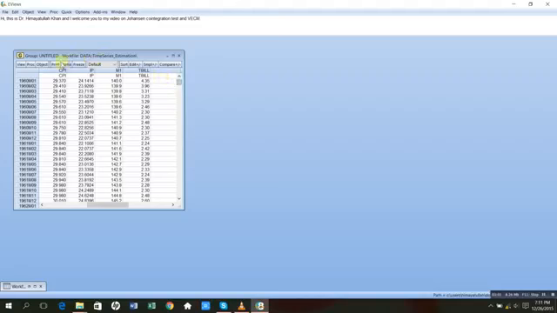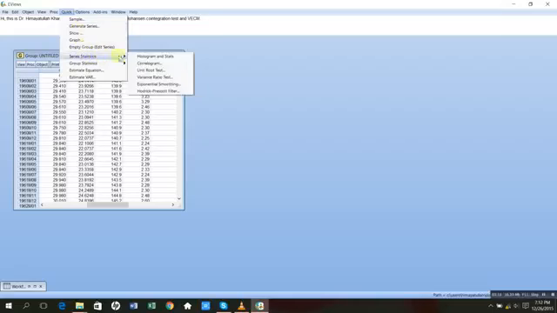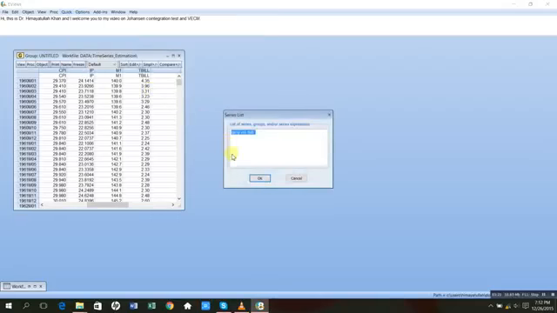So let me first of all go to quick, and then I will check group statistics, and under group statistics, I will go to Johansen co-integration test, and when this dialog box opens, it has all my four variables.